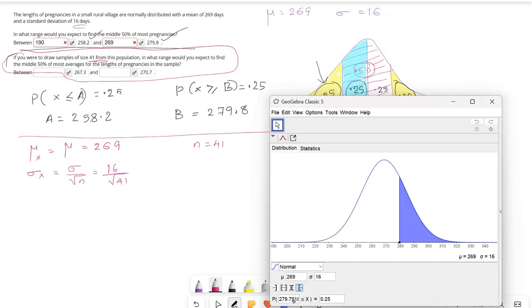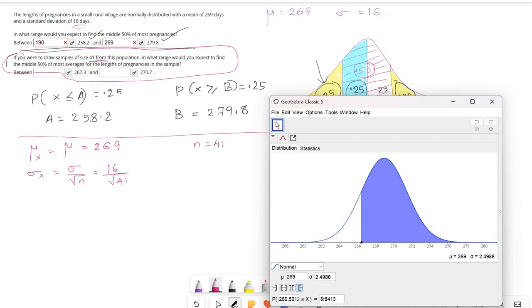Let us take GeoGebra. Mu is the same, and sigma is 16 over the square root of 41.